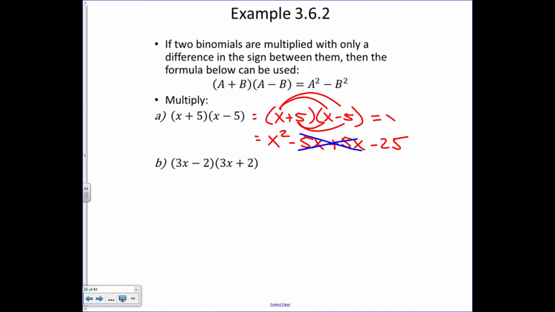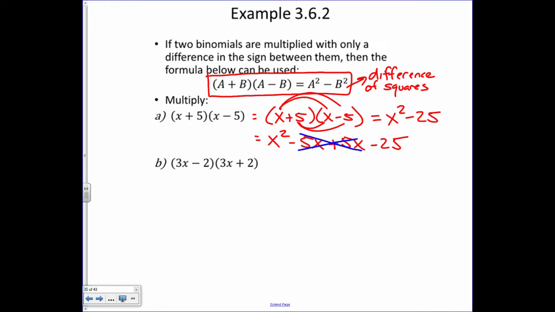And what we're left with is x squared minus 25. Notice those middle terms go away. A squared minus b squared is known as what's called a difference of squares. This will be important in later sections in Chapter 4.